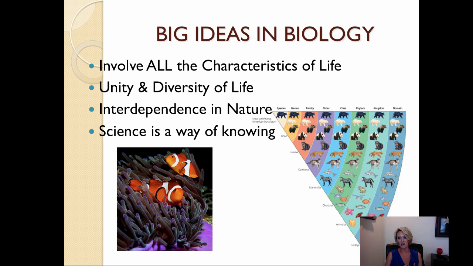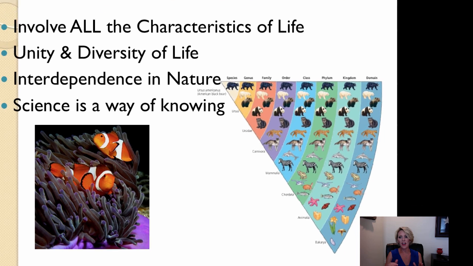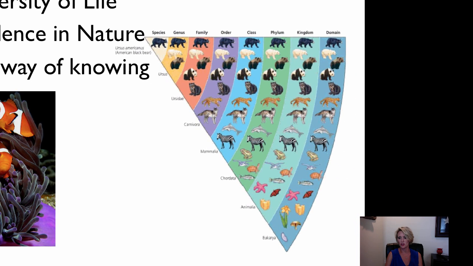Now, over here, we have this wonderful graphic that, if you look on the very right-hand side, shows the domain Eukarya, which you heard me mention in the first slide. So this includes all organisms that have a eukaryotic cell. And you notice as we start to move towards the species category that organisms are dropping out. And that's because of that diversity. Some organisms go one way on the tree of life and some go another because they might not have a characteristic that allows them to stay within that particular group.